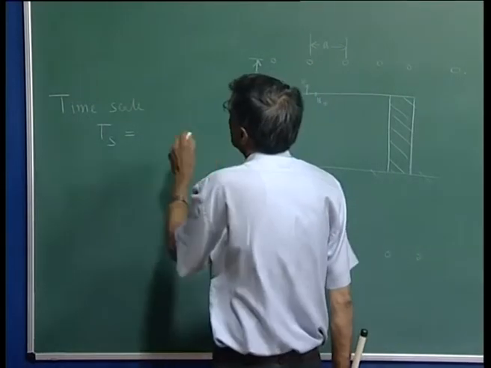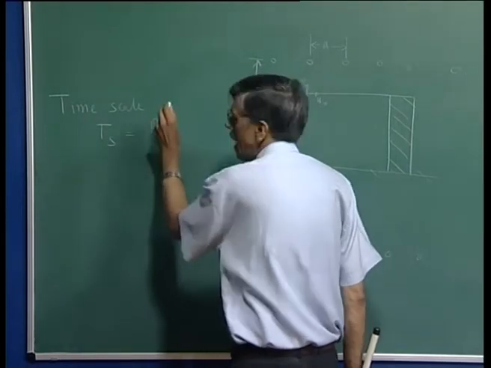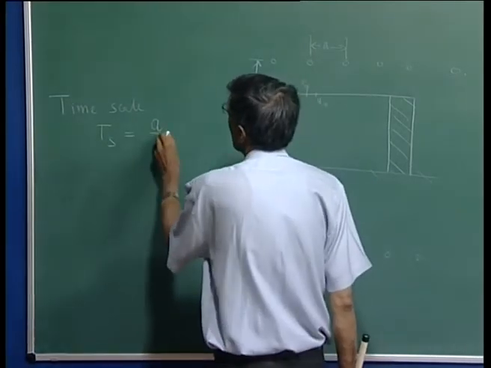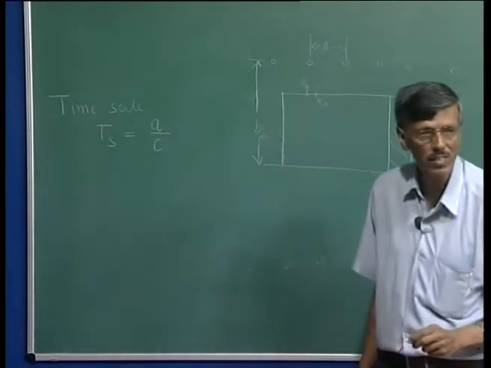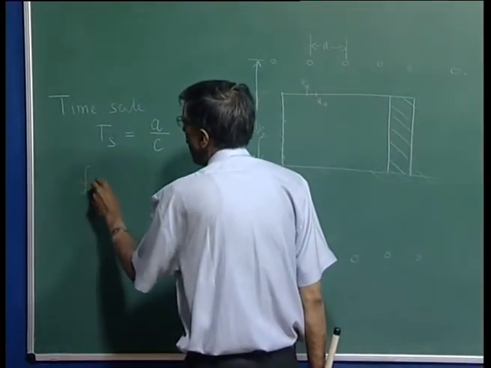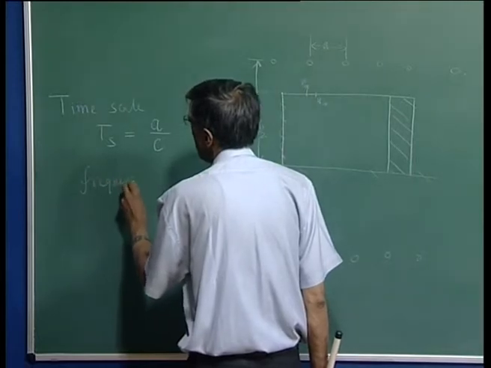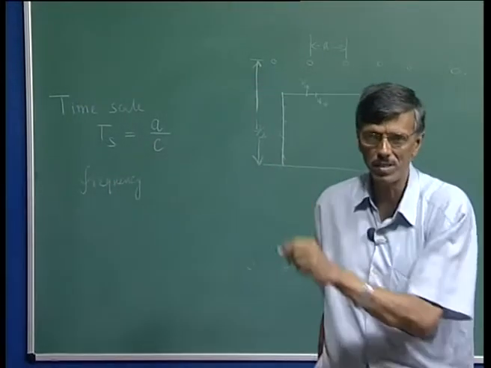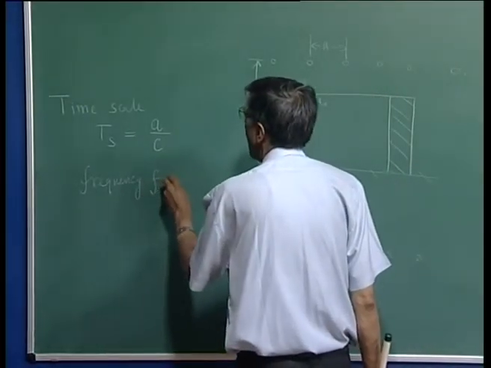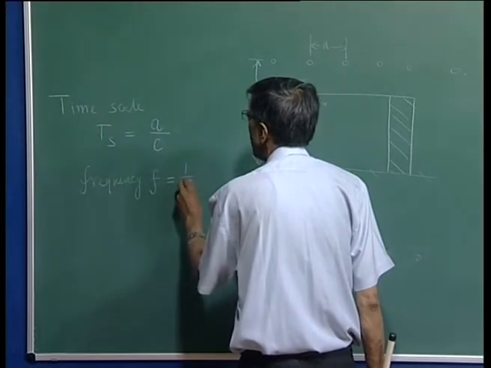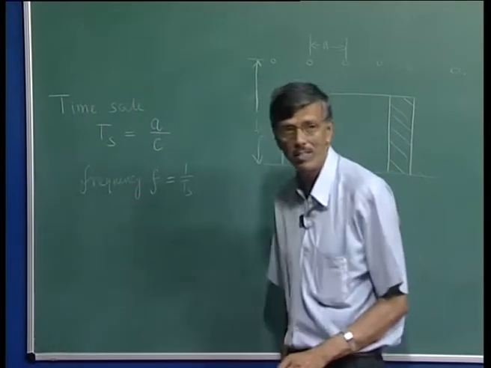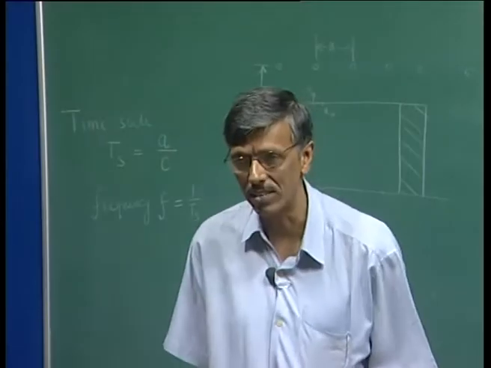For these convecting vortices, the length scale is a, and the velocity scale is the speed of convection. So what will be the corresponding frequency imposed? Any point will see so many events happening per second, that frequency will be 1 over Ts. This is your physical frequency in hertz or cycles per second.